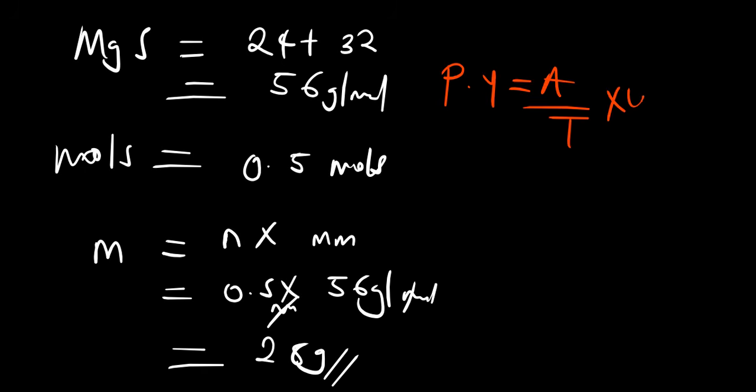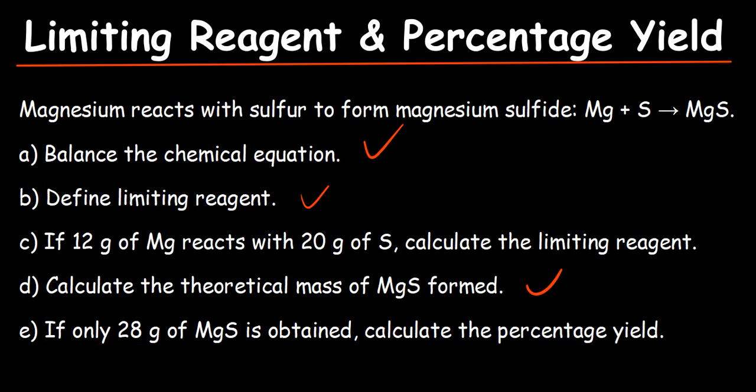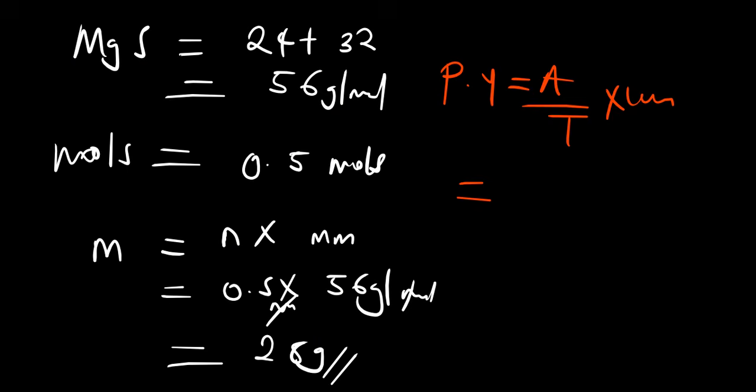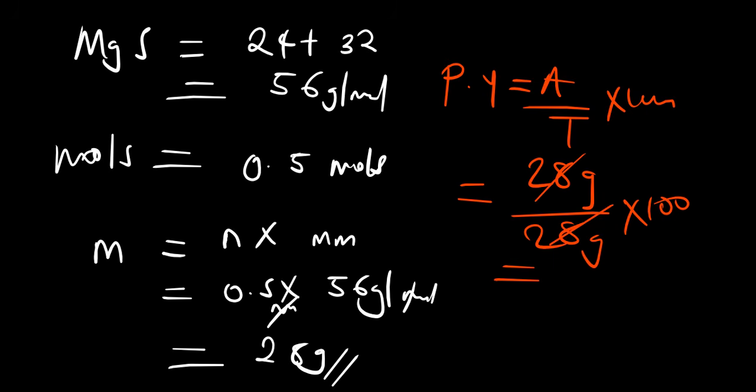The actual is the one you obtain, 28 grams, over the theoretical, which we found is also 28 grams, multiplied by 100. 28 over 28 is 1, and we are just remaining with 100.